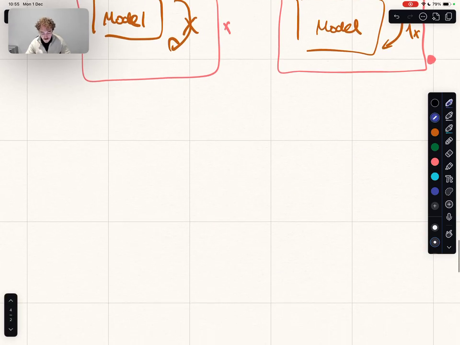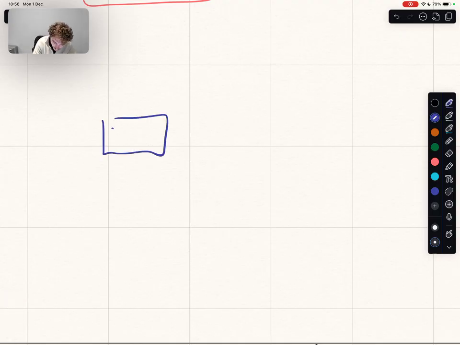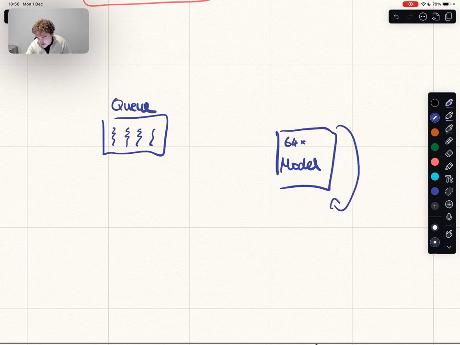In the batched inference regime, the situation looks a bit different because not every request comes back straight away. You have a queue, and your queue has various requests in it. And then you have your model, which is dealing with, let's say, 64 requests at the same time. And so this is going back and forth.